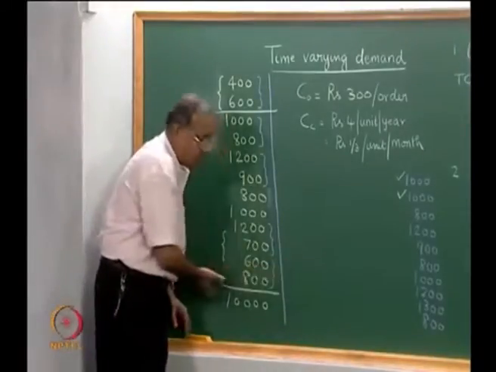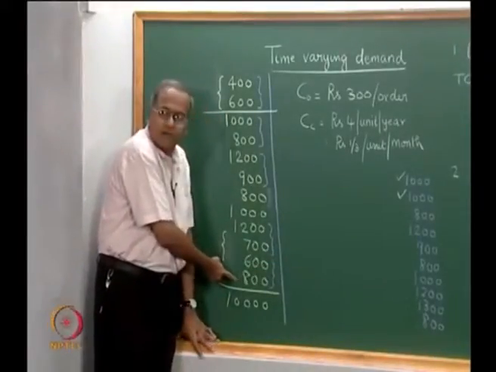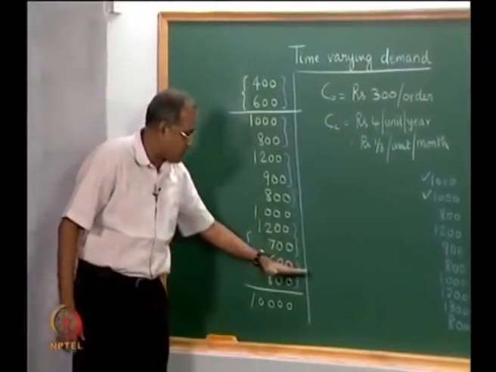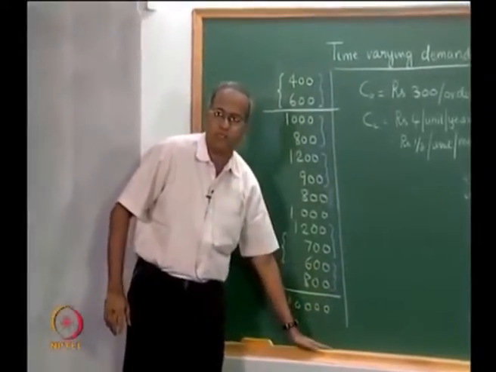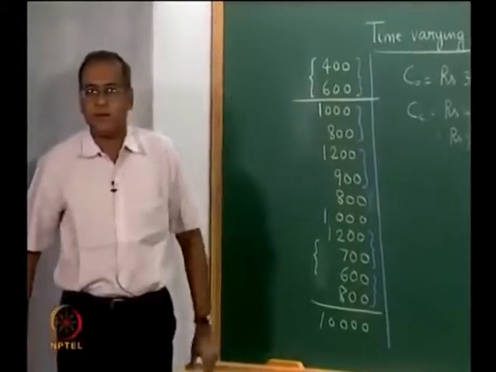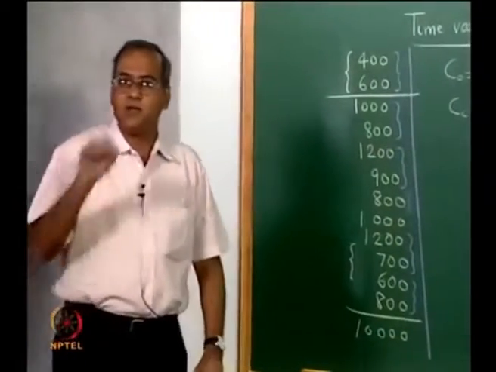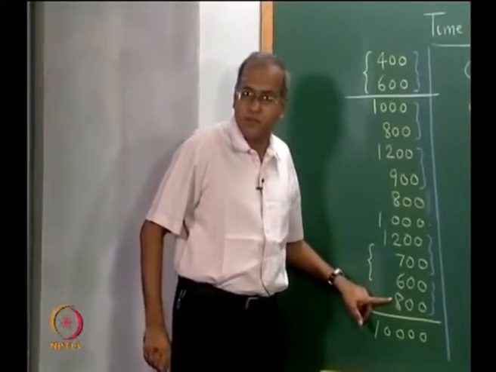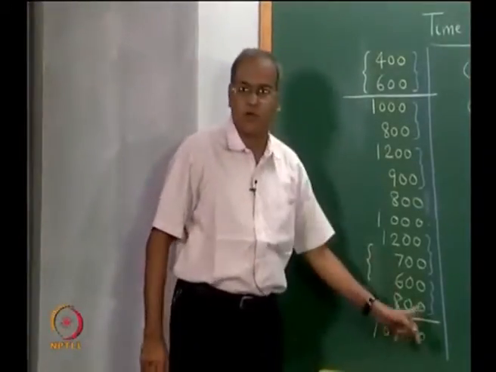Because we are looking at a finite time period, this has to go into one order. But if you have a rolling time period, by the time you come here you would have another 4 or 5 pieces of data for the next few months, and then you can continue to apply part period balancing or Silvermeal, and you will not be bound by having one order exclusively for this. You may be able to combine this and the next one and so on.